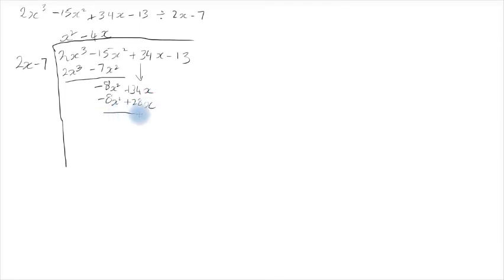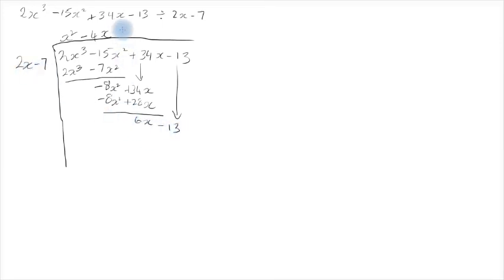Do the subtraction again. 0 once again here. 34x minus 28x is 6x. Drop down our last term, minus 13. How many 2x minus 7s are there in 6x minus 13?